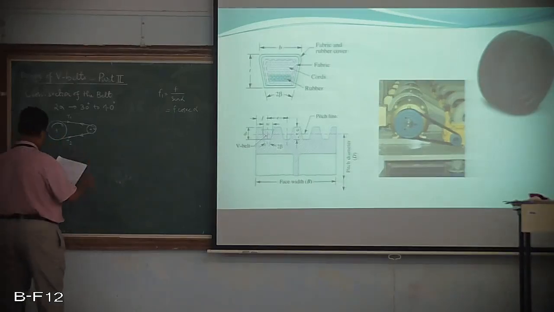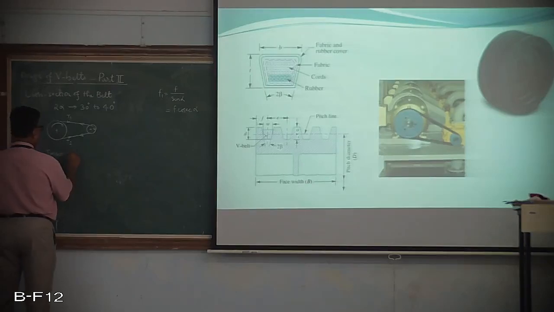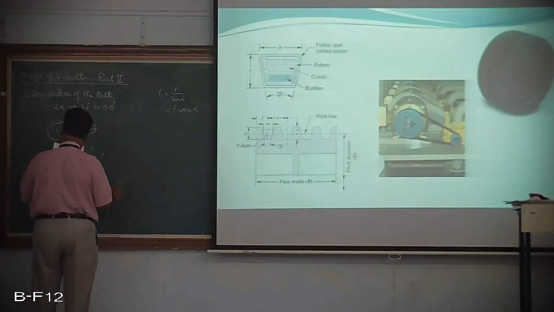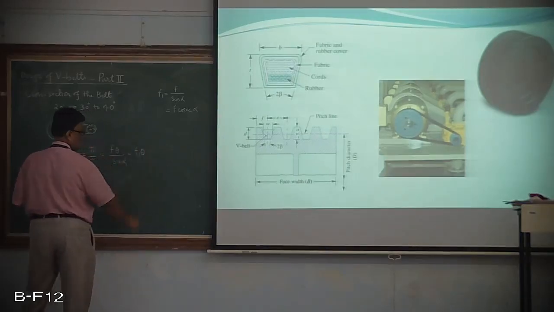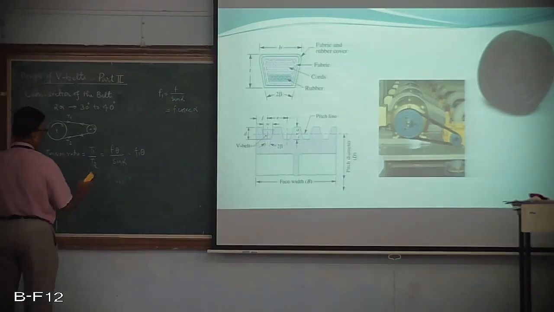In the case of V belts, the tension ratio, which is the ratio of the tight side to the slack side, is given by e raised to mu theta upon sin alpha, or e raised to mu1 theta. This is called the tension ratio, tight side to slack side. So this is what you can find out.